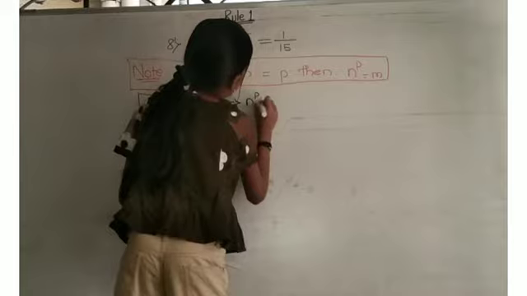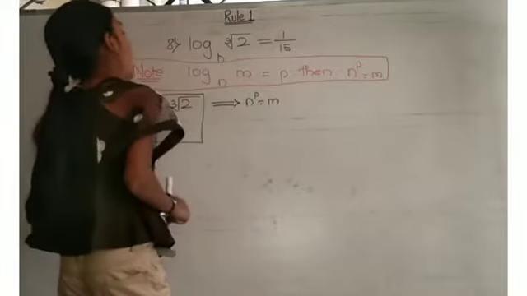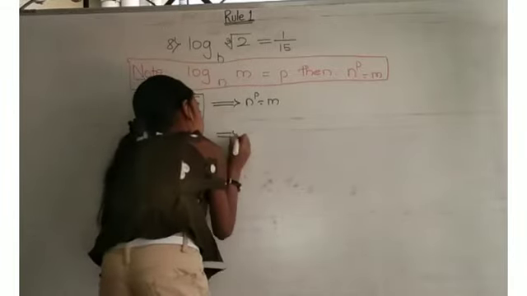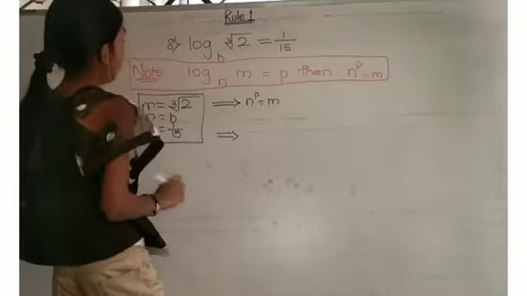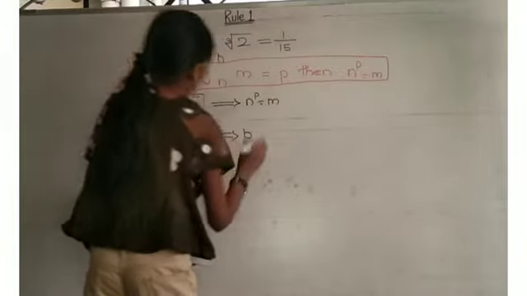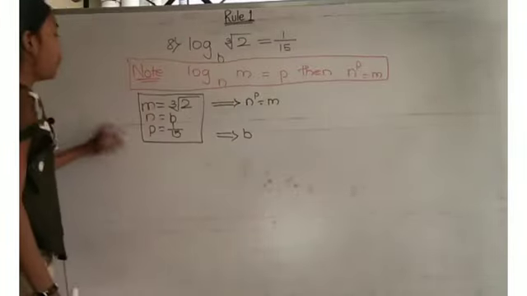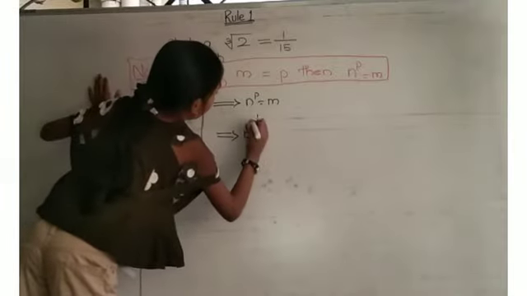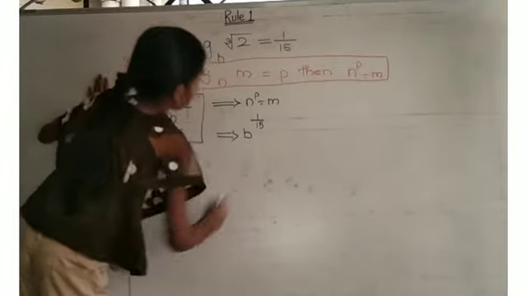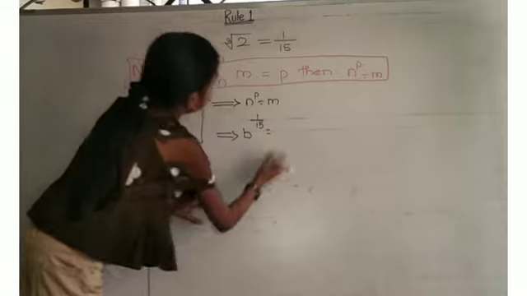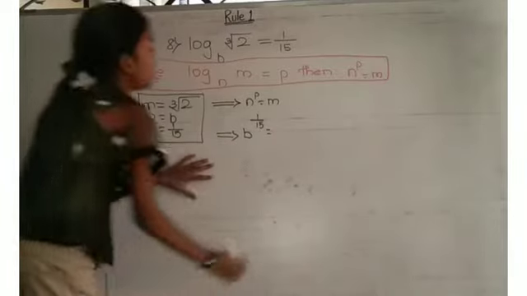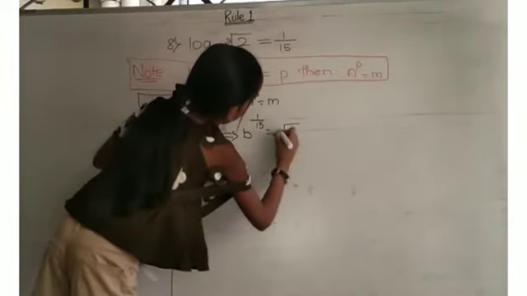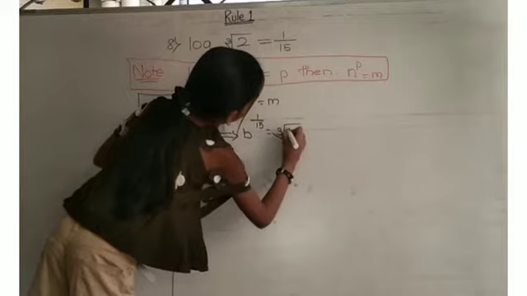So n raised to p is equal to m. The value of n is b. The value of p is 1 upon 15, is equal to m value, which is cube root 2.